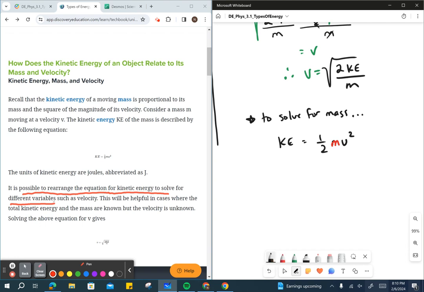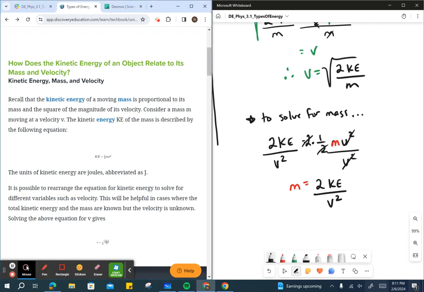Same thing: I could multiply this whole expression by 2. 2 divided by 2 will cancel out. What you do to one side, you do to the other. Now I need to divide out the velocity squared. V squared divided by v squared cancels out. So now my formula says mass is equal to 2KE divided by v squared. Practice, take time with that.